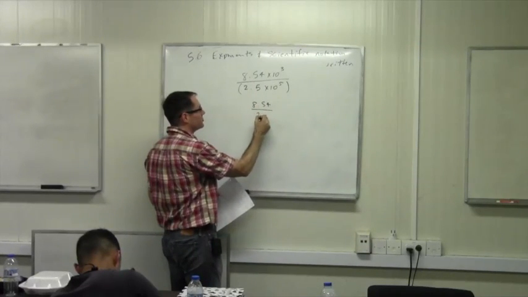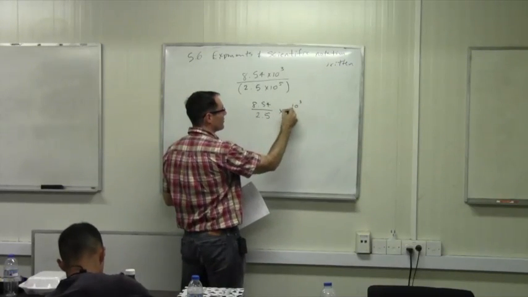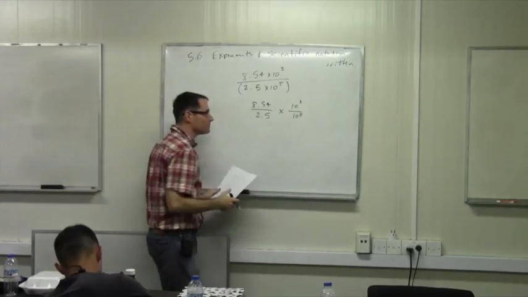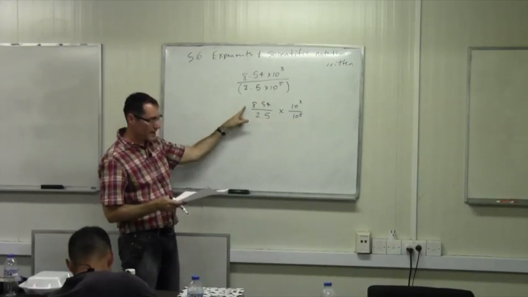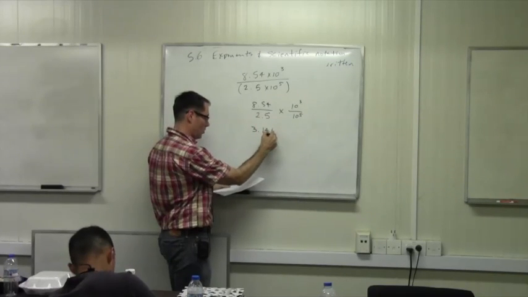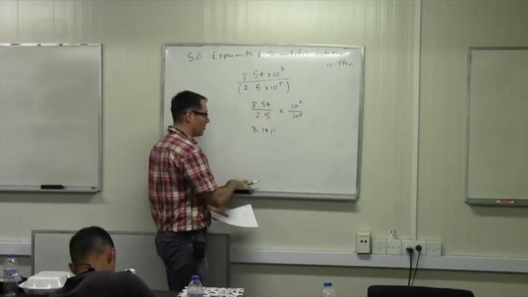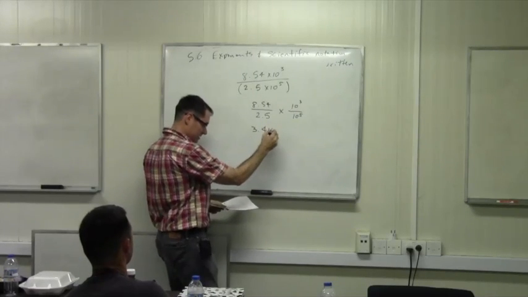8.54 divided by 2.5. And then you're going to do 10 to the third divided by 10 to the fifth. You kind of do these parts separately now. You do this out, right, and you get 3.416, right?